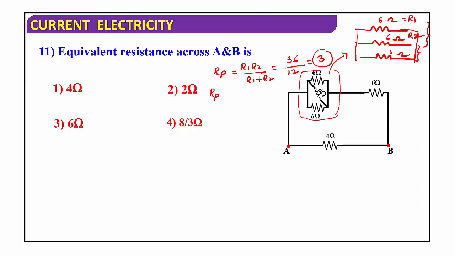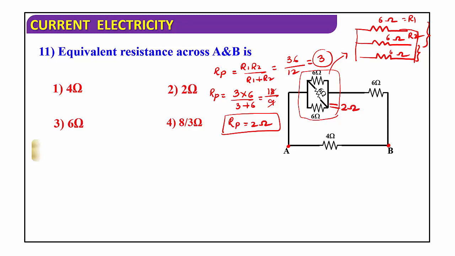So Rp equals R1 R2 divided by R1 plus R2, same formula. The first combination value is 3 into 6 divided by 3 plus 6. 6 3s are 18 divided by 9. So what is the answer? Rp equal to how much? 2 ohm. So the complete value of this network is equal to 2 ohm.